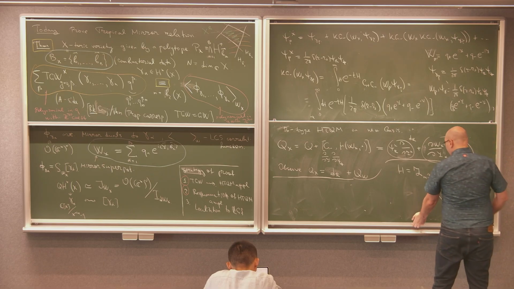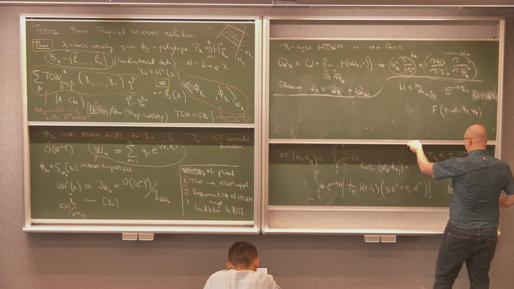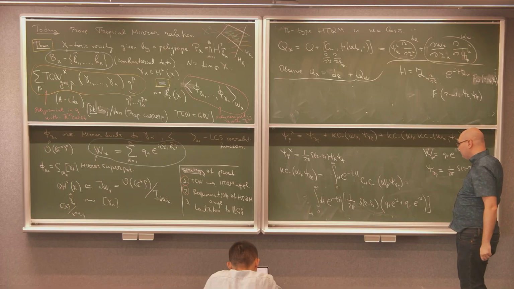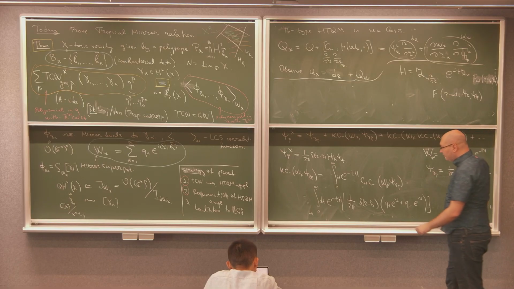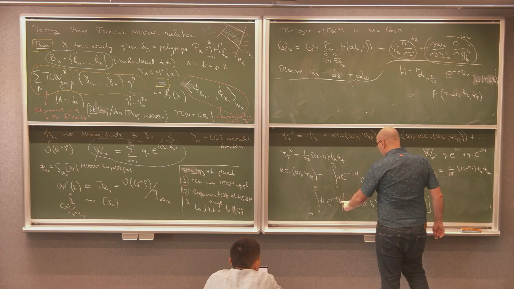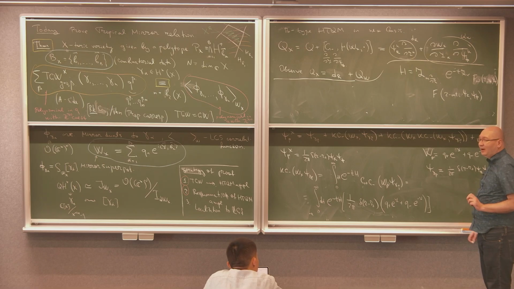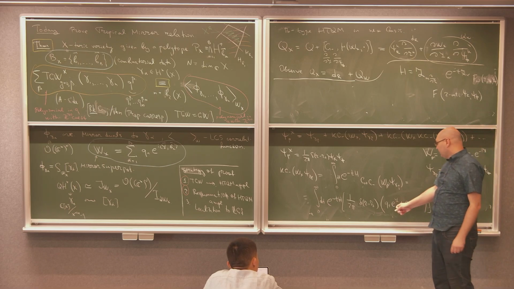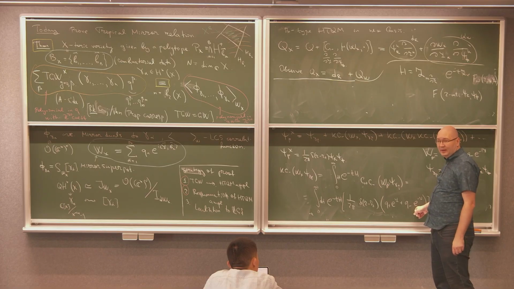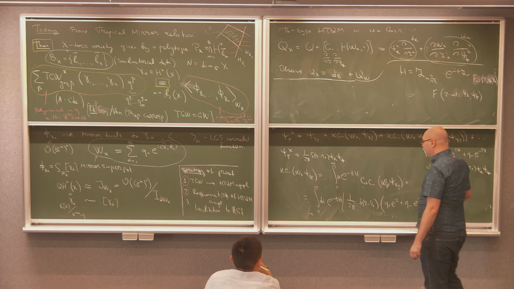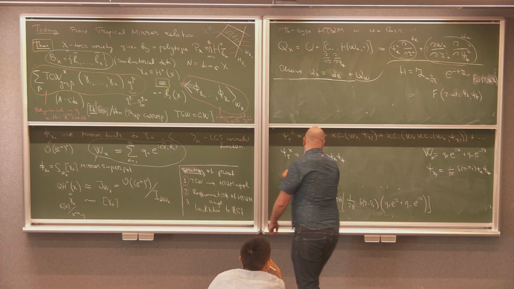So therefore here, the story is a bit more complicated because this H would contain a d over dy derivative. So the vector field would be determined by these exponents. So therefore here we would get two terms.